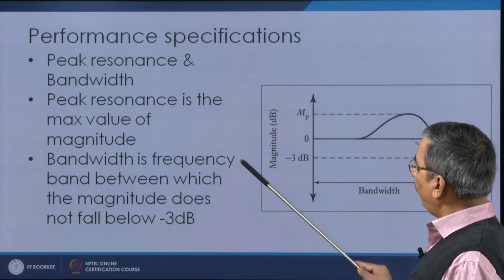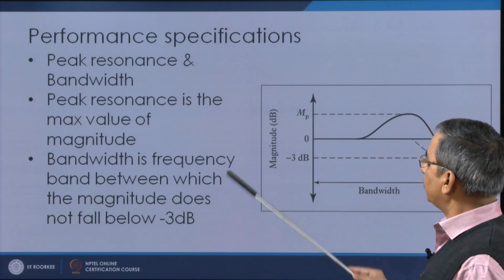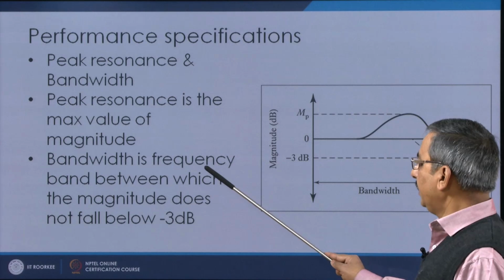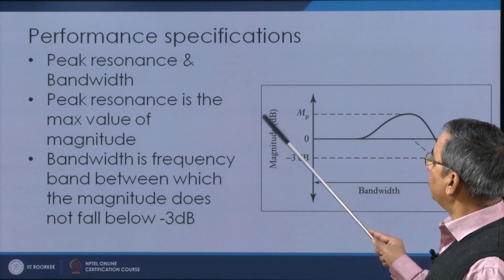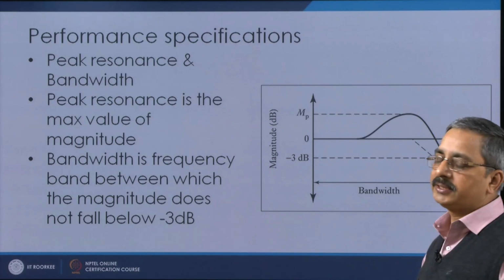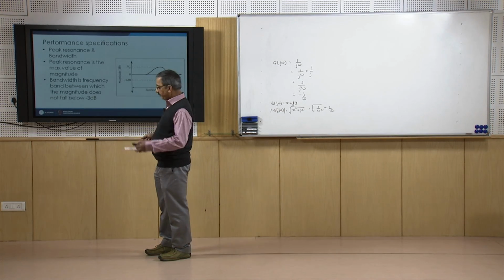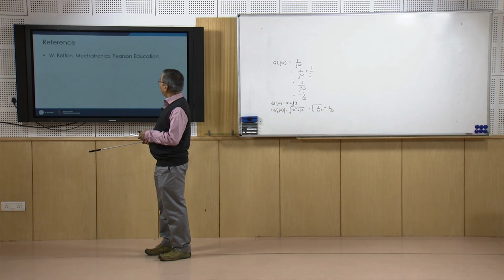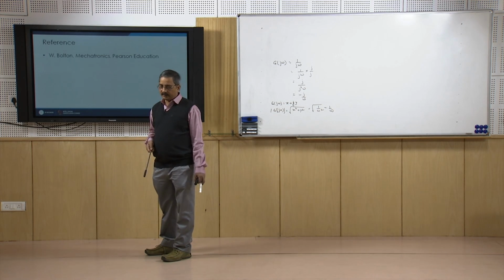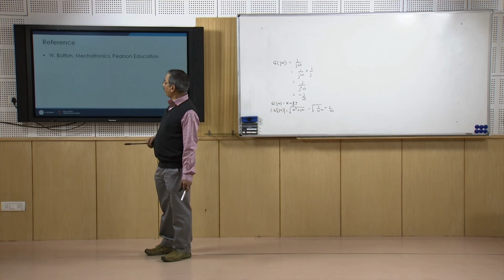So, with the help of these two parameters, the peak resonance and the bandwidth, we can specify the performance of the system. This is what I wanted to tell you in this subtopic.